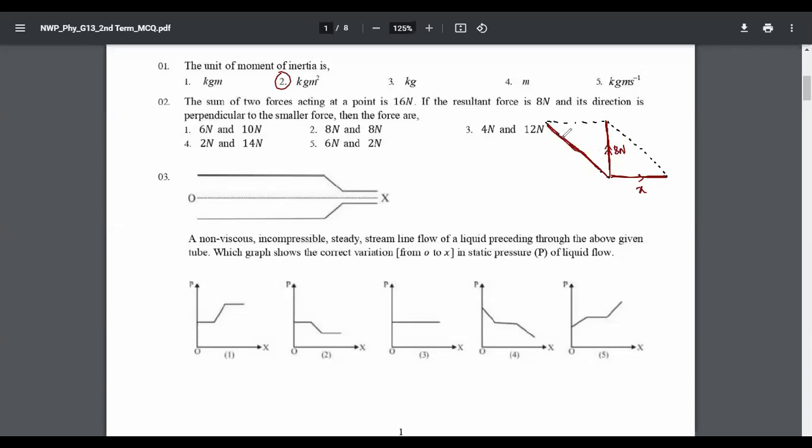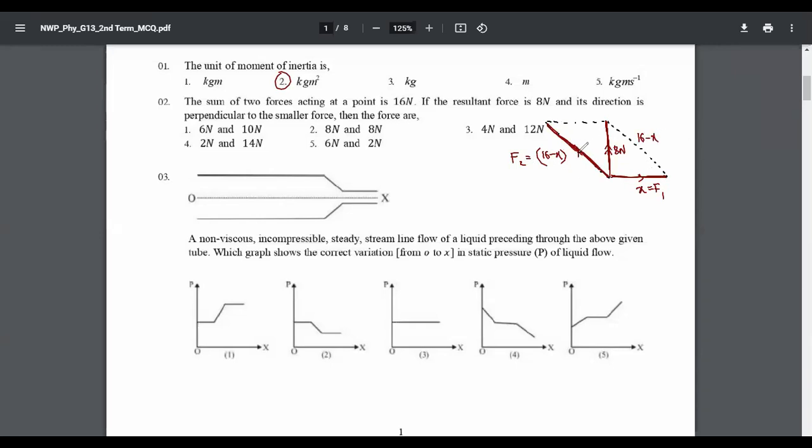This should be the next force. Okay, and this should be 16 minus x, because the total sum, when you add this force and this force, is 16. So if f1 is x, then this should be 16 minus x. Right. If this part is 16 minus x, this also should be 16 minus x, because they are parallel.